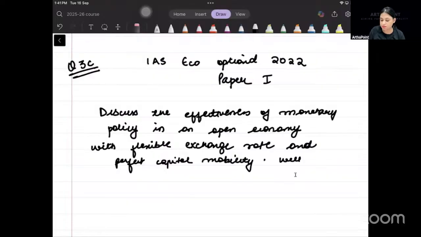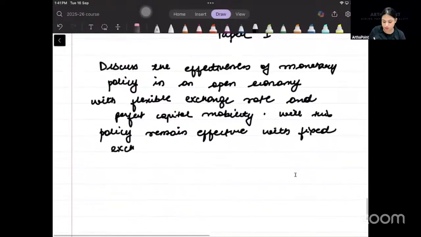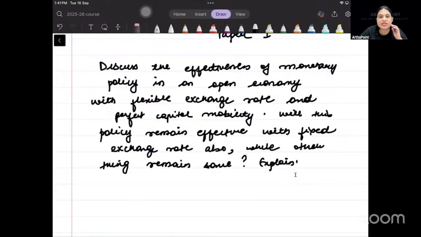Will this policy remain effective with fixed exchange rate also, while other things remain same? Explain. While other things remain same, explain.